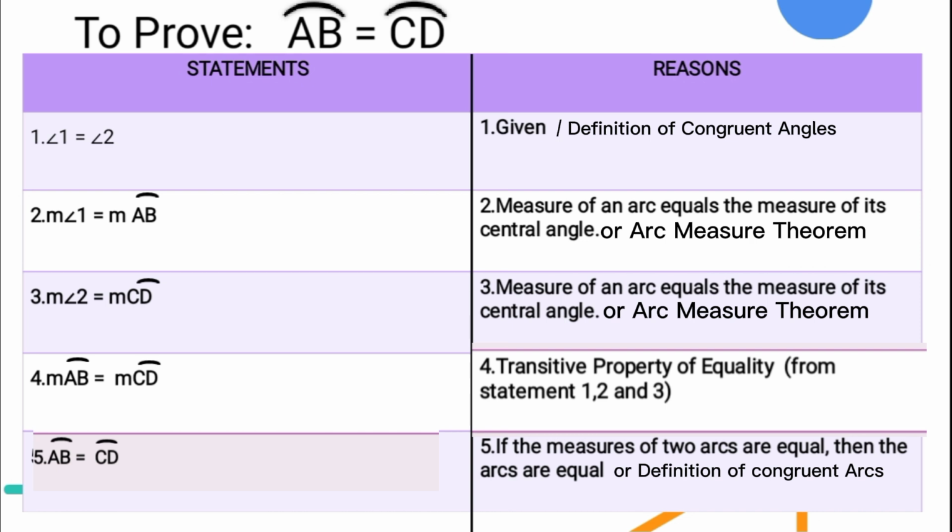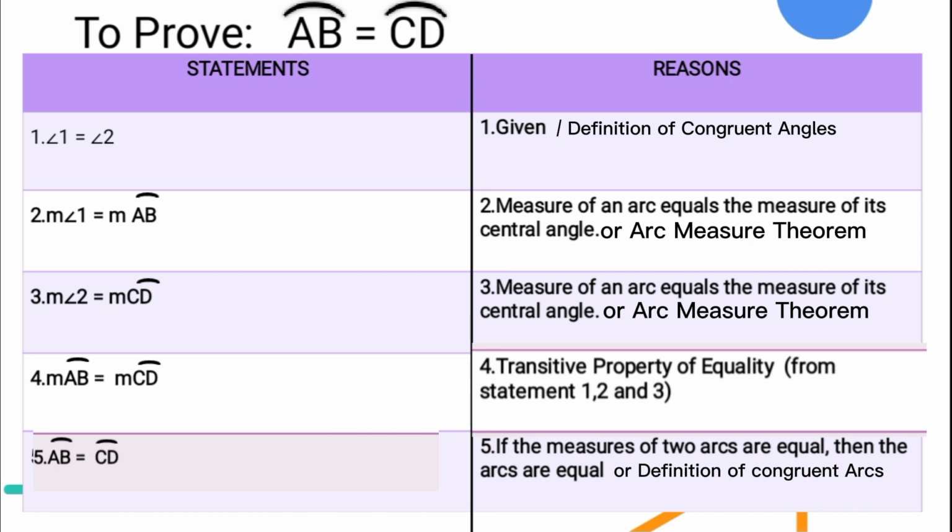Since the measure of angle 1 is equal to the measure of arc AB and the measure of angle 2 is equal to the measure of arc CD, and we know that the measure of angle 1 is equal to the measure of angle 2, we can conclude that the measure of arc AB is equal to the measure of arc CD. And statement number 4, the transitive property of equality.